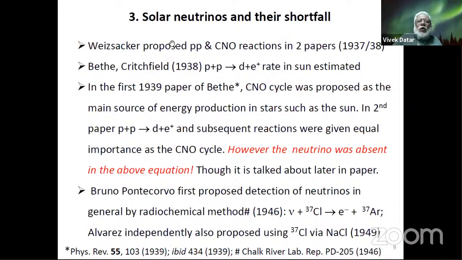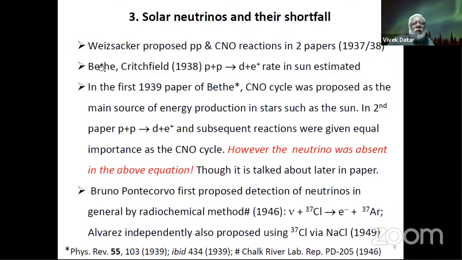Okay, so let me come back to this and then go on to neutrinos. But before I do that, let me just say that the first proposal for these sets of reactions was actually by Weizsäcker. Weizsäcker did it a year before Bethe. He proposed the PP and the CNO reactions in two papers in 37 and 38.